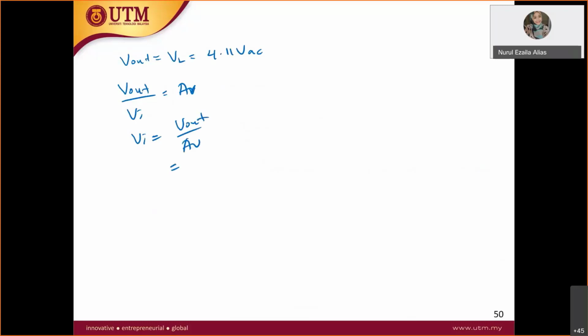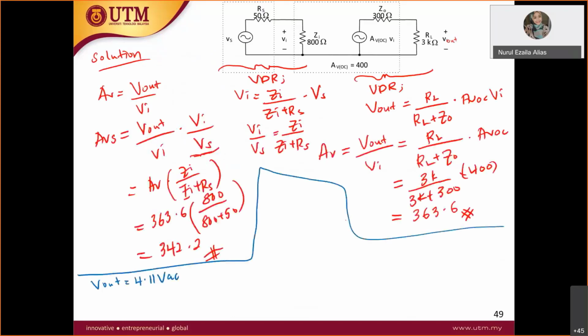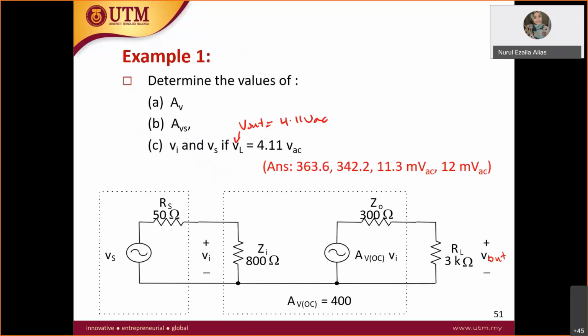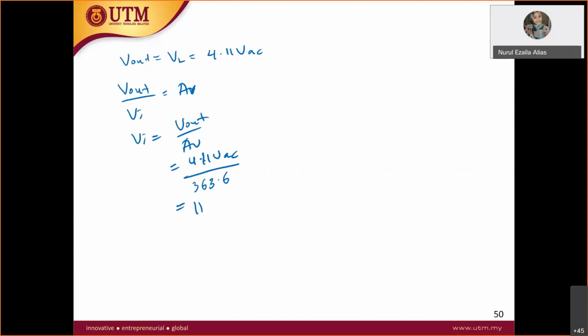V out is 4.11 VAC and AV is 363.6. Have you all tried dividing 4.11 over 363.6?